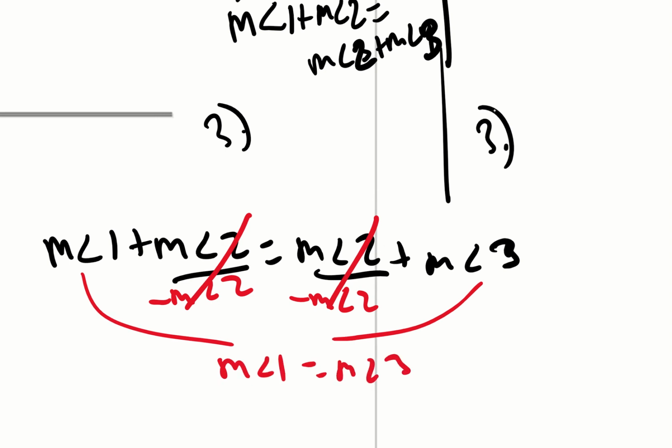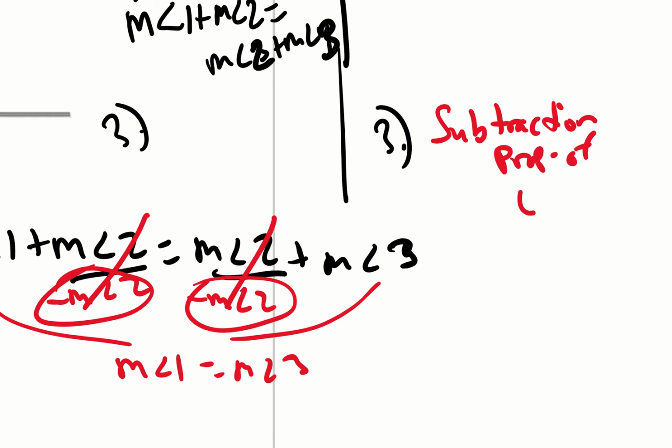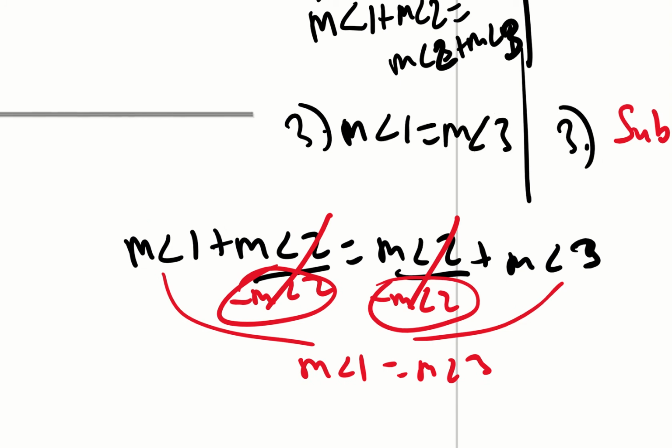And so what we're going to do is use this property here. We're going to subtract angle 2 on both sides, and that's known as the subtraction property of equality. So in using that property, we can conclude that the measure of angle 1 is equal to the measure of angle 3.